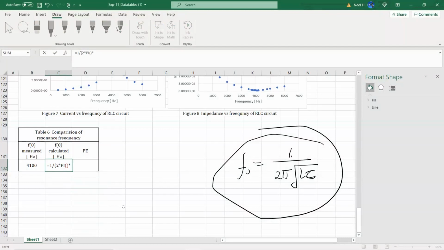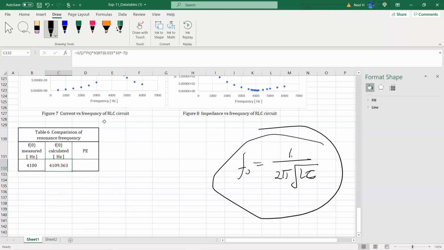Two times pi, then SQRT, open brackets, L is 0.015 times, C is 1 times 10 to the negative 7, close bracket for SQRT, close bracket for the denominator, hit enter.